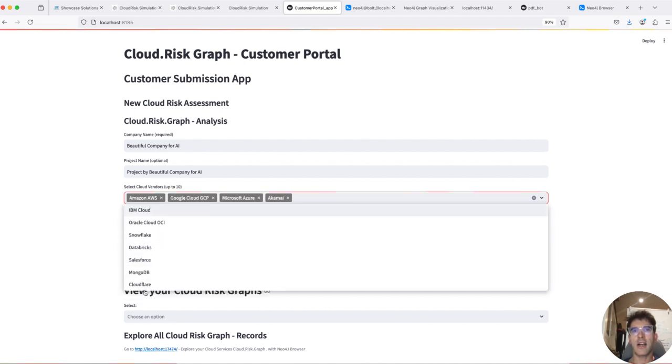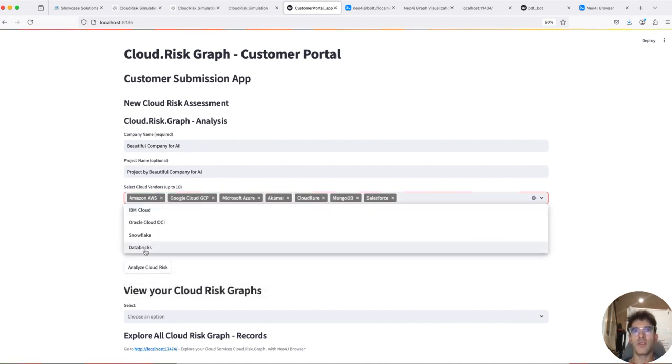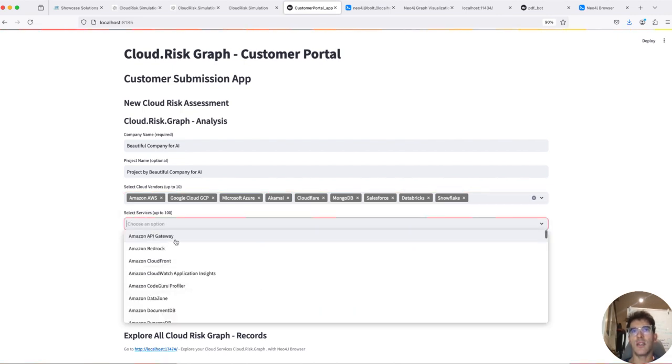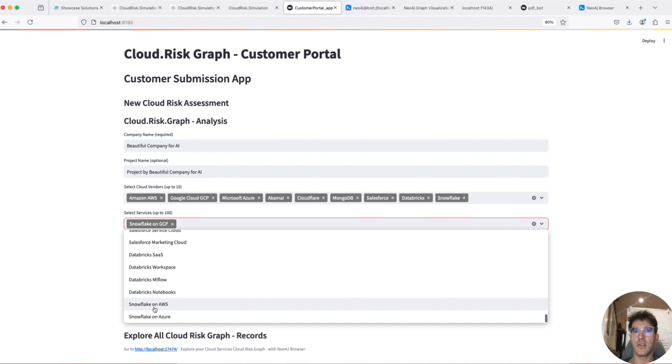I'm going to put that I use Akamai, Cloudflare, MongoDB, Salesforce, Databricks, Snowflake, and every single possible service.